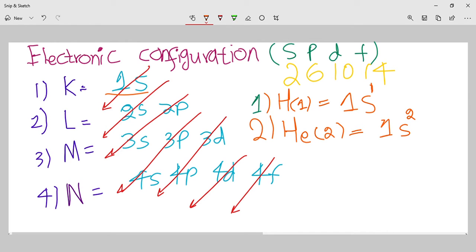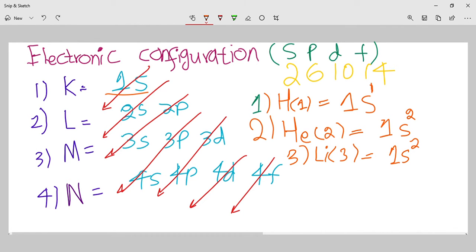Now we will do the electronic configuration of the third element, lithium. Its atomic number is 3. Here is a little change in its electronic configuration. First of all we will write 1s2. Now you can see that the first arrow is complete, so we will move to the second arrow, and the start of the second arrow is 2s.